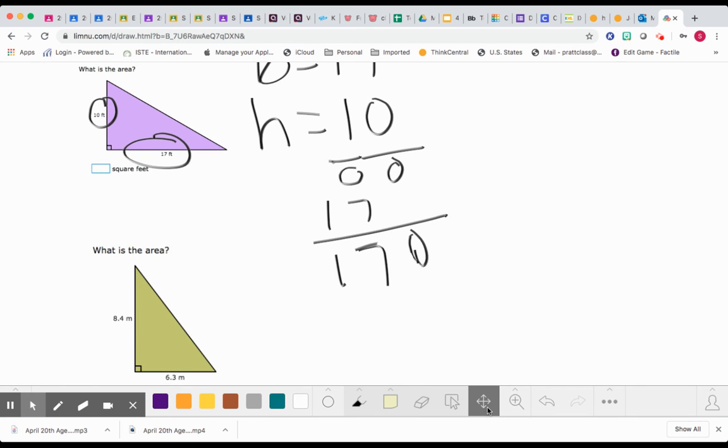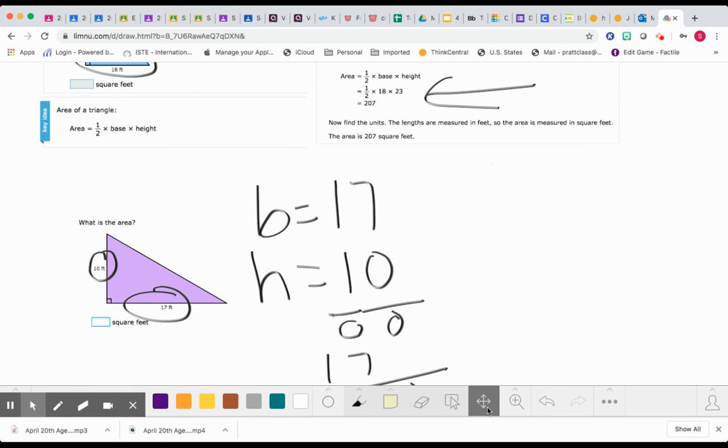So our answer is 170 for base times height of the purple triangle. And then we're going to divide 170 in half. Okay, so we're going to divide 170 by 2, which would be, how close can we get to 17? Right, would be 16.